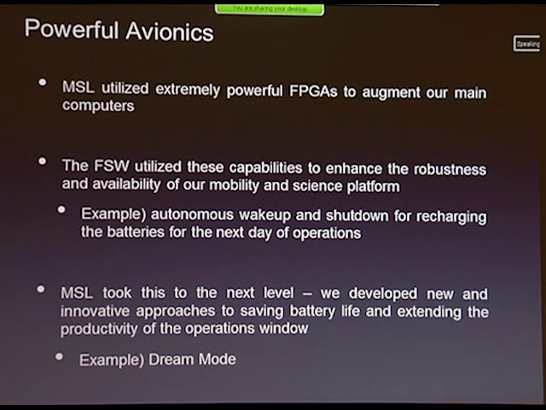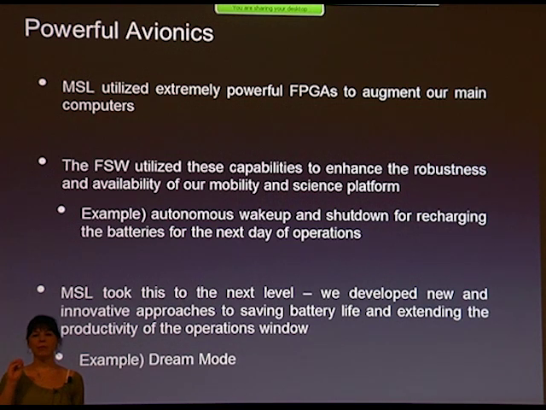And this was done on MER as well, right? The wake up and shutdown capability. But MSL took this to a whole other level, all right? We developed new and innovative approaches to saving battery life and extending the productivity of that operations window, right? So we talked about preserving the wake cycle for doing mobility and science.